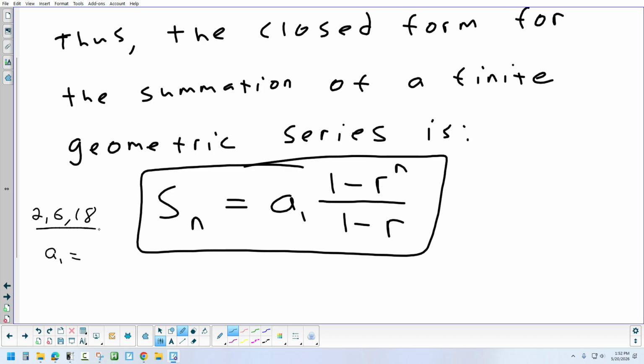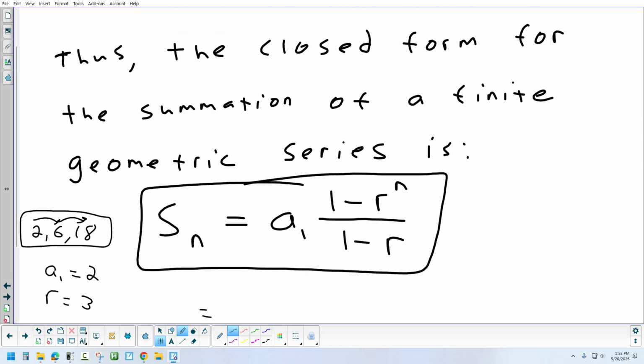What's the first term in this sequence? Yep, 2. And the r value is what I'm multiplying by each time. What do I multiply by to get from one number to the next? Yep, 3. Let's plug those numbers into that formula and see if we get 26. It should be 26.